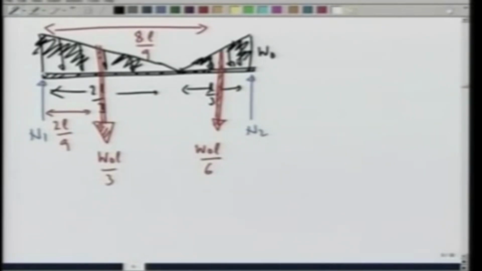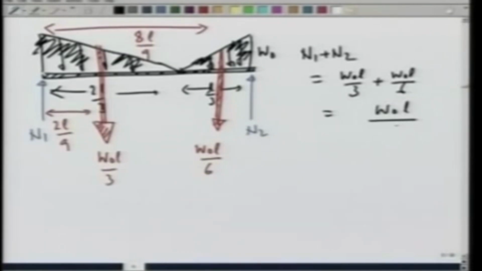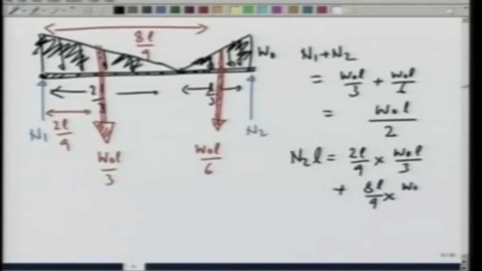A beam is loaded with these two forces, and these are two reactions. Simple: N1 plus N2 is equal to W naught L by 3 plus W naught L by 6, which comes out to be W naught L by 2, and then we balance the moments about this point. All the distances are known, so N2 times L is equal to 2L by 9 times W naught L by 3 plus 8L by 9 times W naught L by 6.